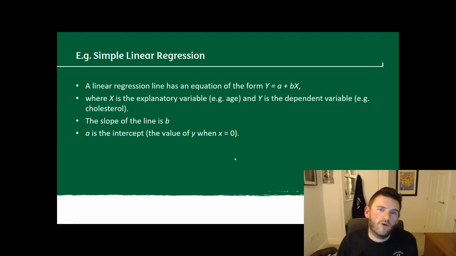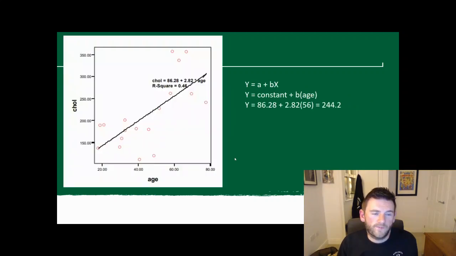Now, that'll probably be completely bamboozling to you, and I'm well aware of that. So let's look at it visually, where I think it's a lot easier to explain. Now, this figure on the left-hand side is where we've essentially done a correlation between age and cholesterol, but we're using the regression method of doing this.